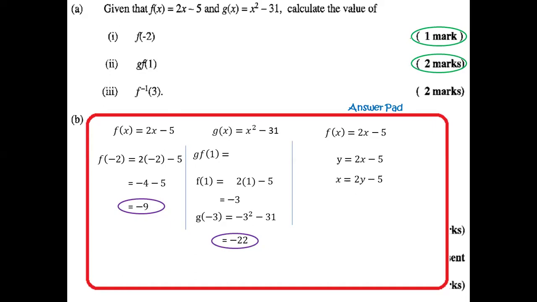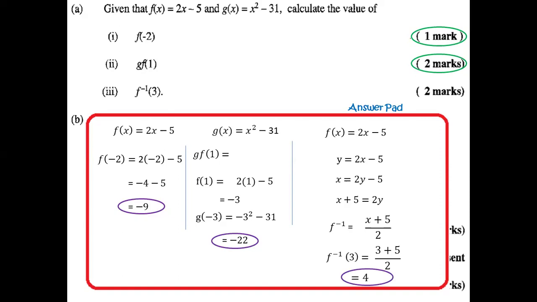At this point, what we're going to do, add 5 to both sides, then divide both sides by 2. So the inverse of f is x plus 5 divided by 2. No challenge for this question at all. And of course, we were now to insert 3 in our x place there. So it's 3 plus 5, 8 divided by 2. Our answer is 4, right?